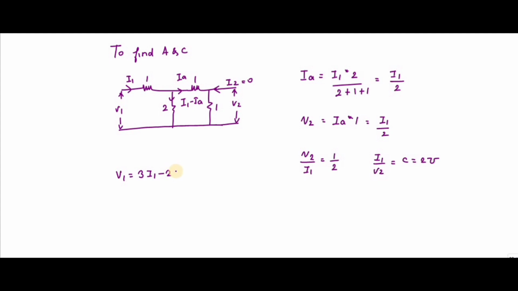Next, V1 is equal to 3 into I1 minus 2 into IA. Substitute the value of IA, which is I1 by 2. The 2s cancel out, so V1 is nothing but 2I1.